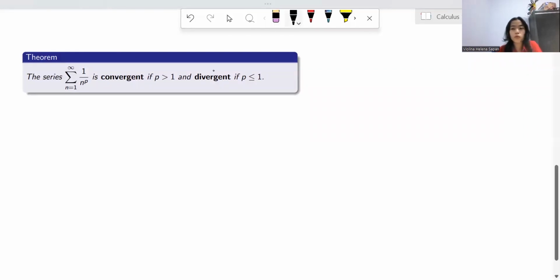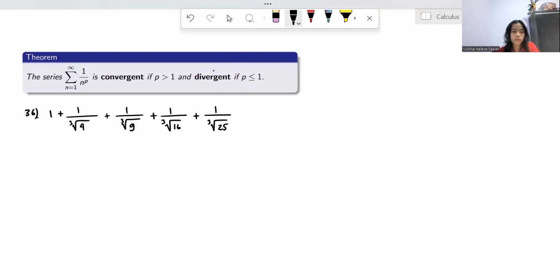Okay, next I'm going to explain about the p-series test or hyperharmonic test. Okay, this is the theorem, and we need to find its sigma form, right? So we can write down the sigma form with n starts with 1.